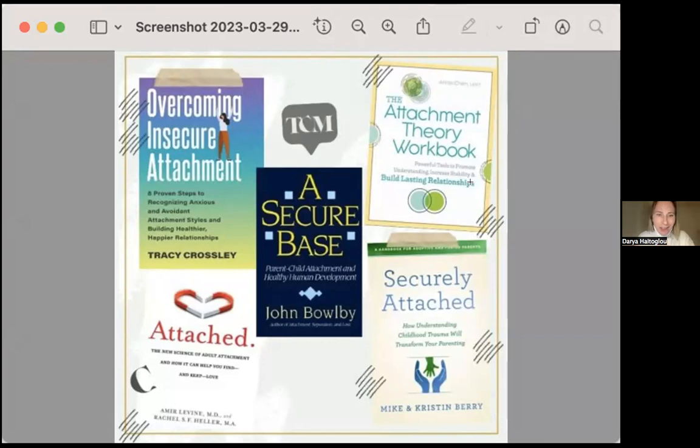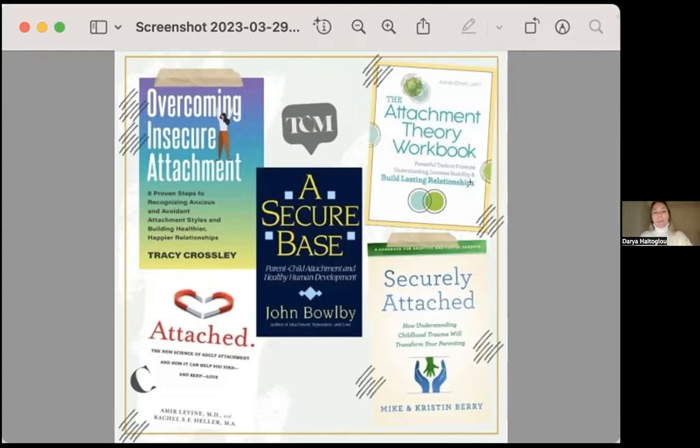Securely Attached, How Understanding Childhood Trauma Will Transform Your Parenting by Mike and Kirsten Berry. Attached, The New Science of Adult Attachment and How It Can Help You Find and Keep Love by Amir Levine and Rachel Heller. And the Attachment Theory Workbook, Powerful Tools to Promote Understanding, Increase Stability, and Build Lasting Relationships by Annie Chan.